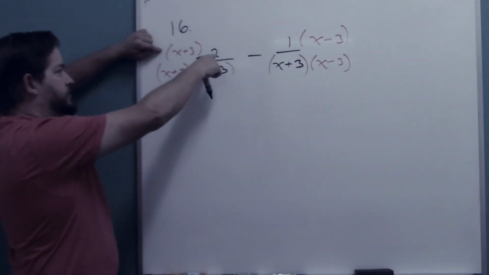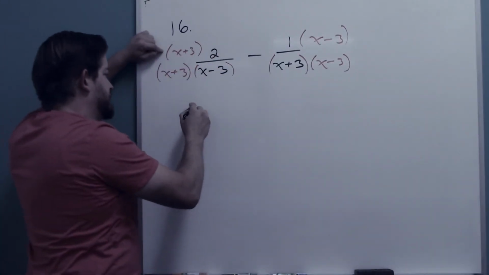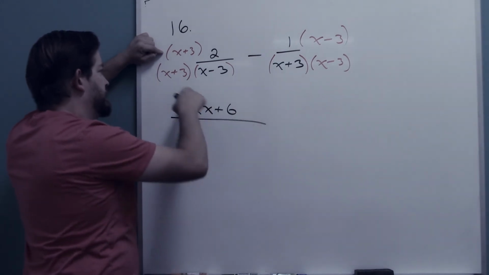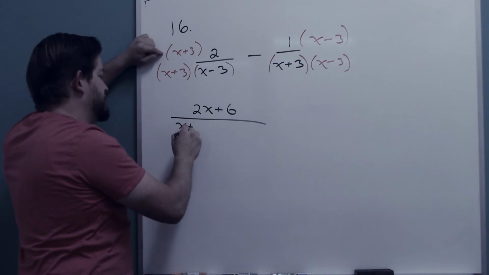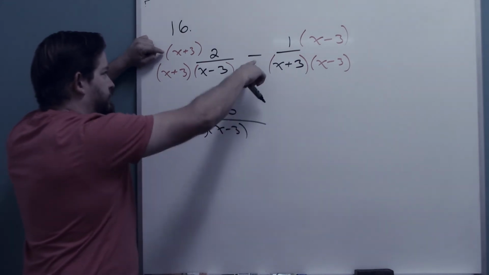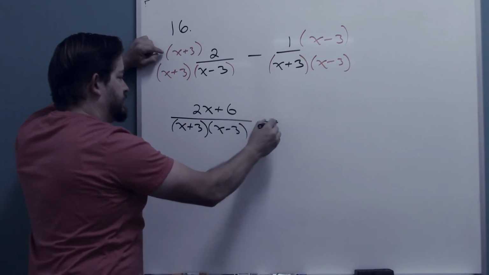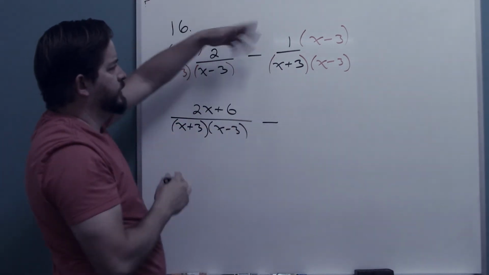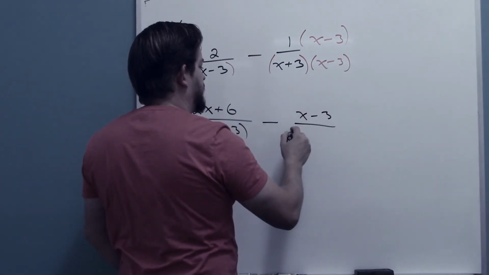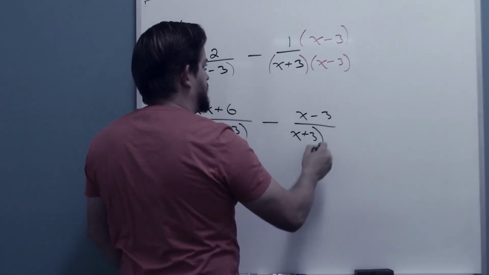So in the top I can distribute 2x plus 6 over my denominator of x plus 3 times x minus 3 minus 1 gets distributed through and it's still just x minus 3 over x plus 3 times x minus 3.